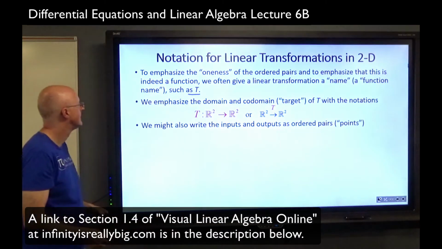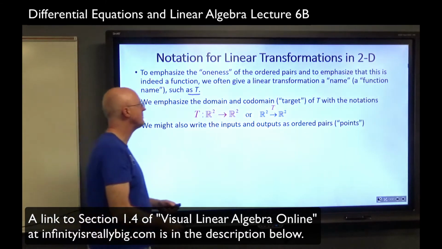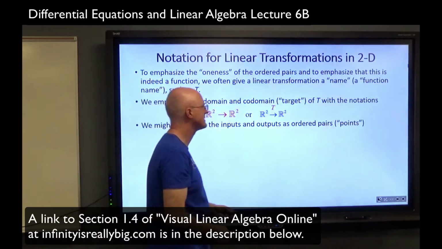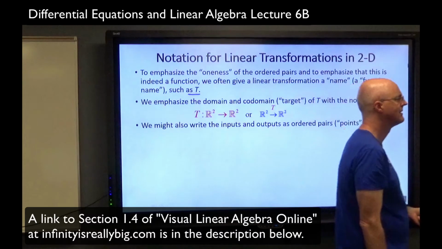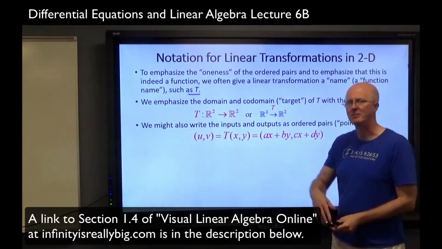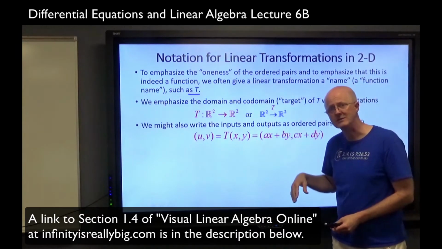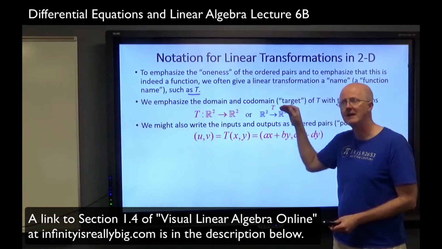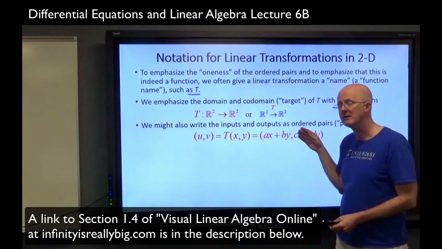Okay? We might also write the inputs and outputs as ordered pairs, points, like this, for example. On the previous slide, it was a system of equations. u equals ax plus by, v equals cx plus dy.